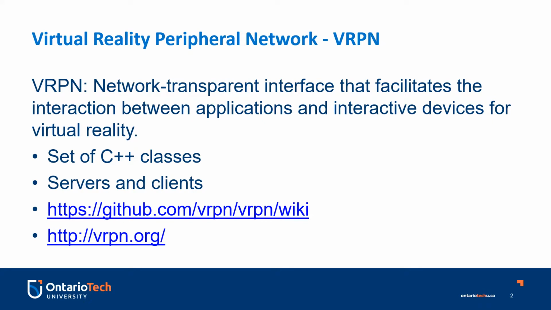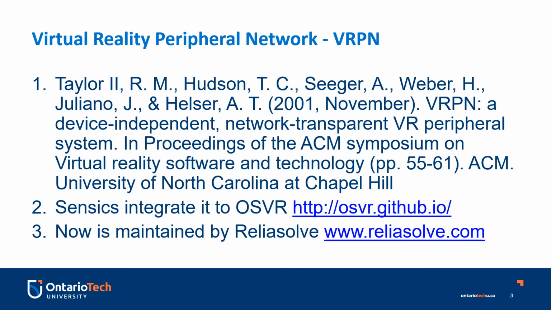Currently, VRPN is hosted at GitHub, and it has an interesting web page called vrpn.org. VRPN was designed and implemented at the University of North Carolina at Chapel Hill and presented at a conference in 2001.